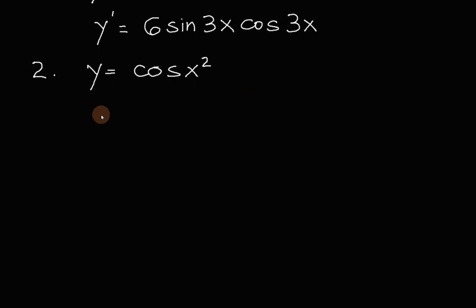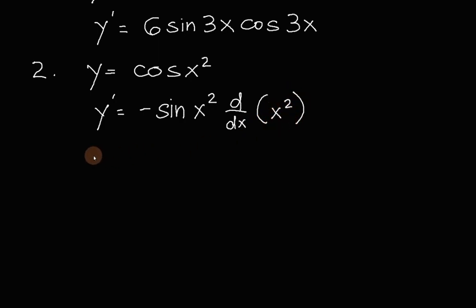So to solve, we have y prime equals the derivative of cosine, which is just negative sine x squared, and then get the derivative of x squared. So we have y prime equals negative sine x squared times the derivative of x squared, 2x.